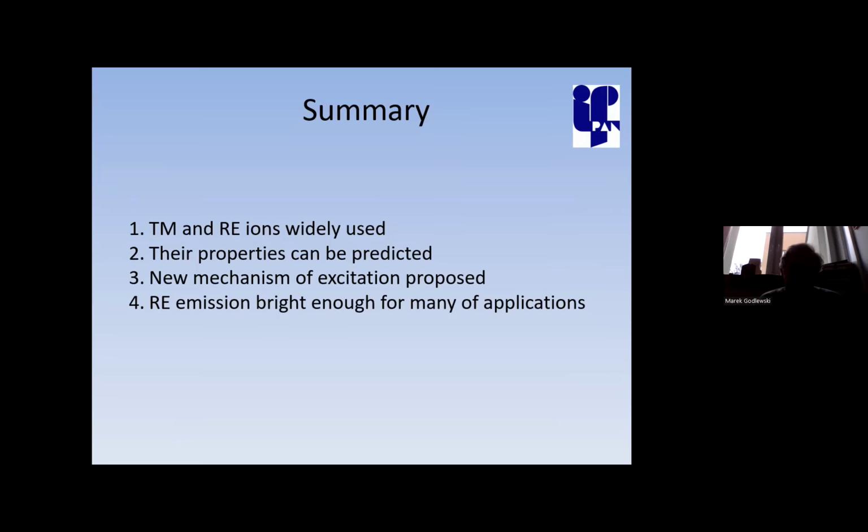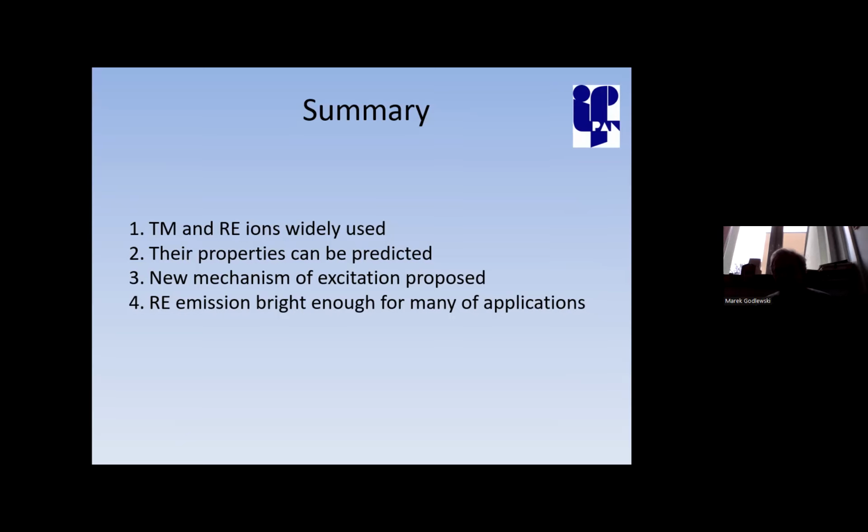If we go to transition metal ions, I think this hybridization model I introduced is very intuitive and explains most of the properties I mentioned, so that's okay. Still giving the same value for spin and so on, like we see in electron spin resonance, and this is quite interesting. Whereas if we look at the way we excite them, probably we should consider chances for this new excitation mechanism, and probably especially in the case of rare earths, where we have strictly f-f transitions, quite difficult energy pumping.